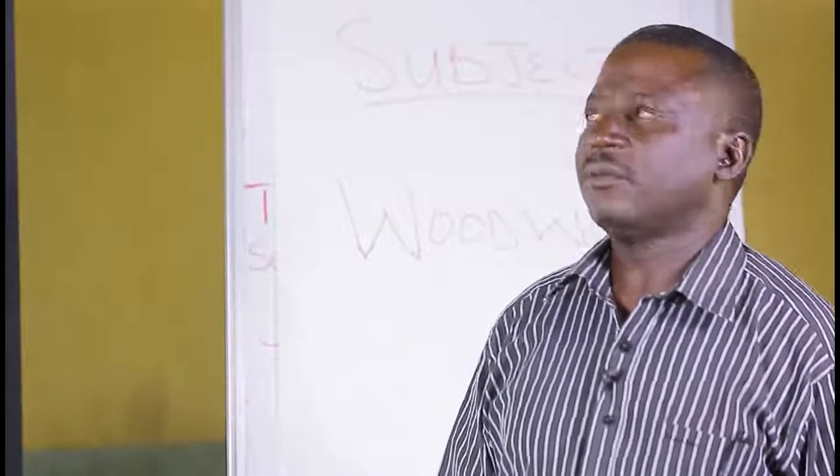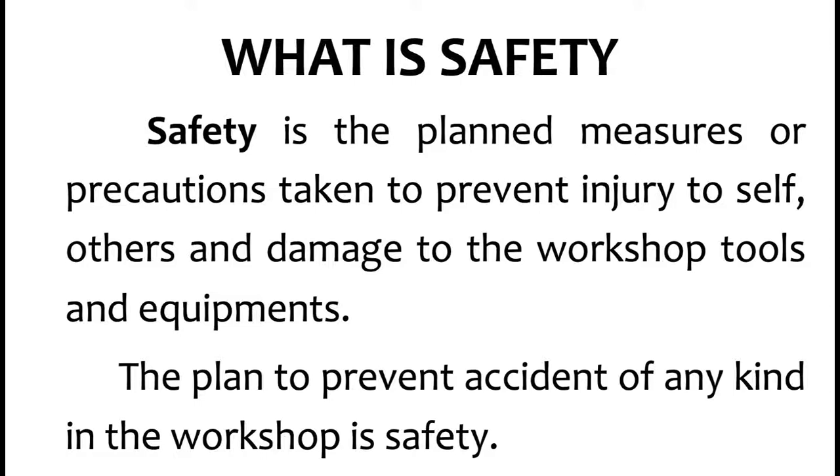What is safety? Safety is the planned measures or precautions taken to prevent accident or to prevent injury to self, to others, and damage to the workshop, tools, and equipment.